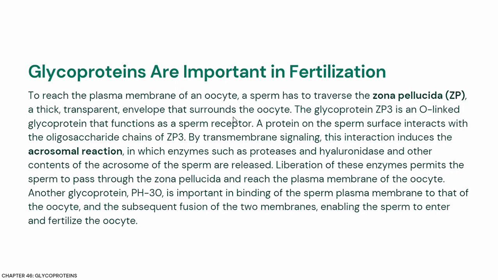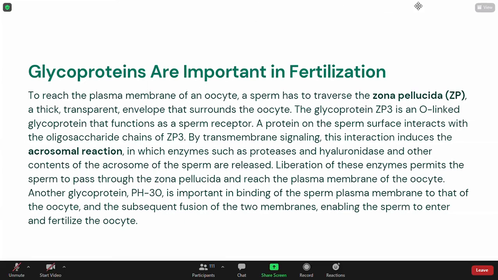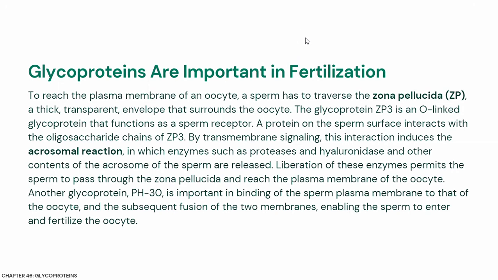And so there is no fertilization that can occur. And also sometimes, let us say that there is something wrong with the enzymes that the sperm cell carries on its acrosome, so it cannot digest the zona pellucida. So therefore, there is no fertilization that can occur.